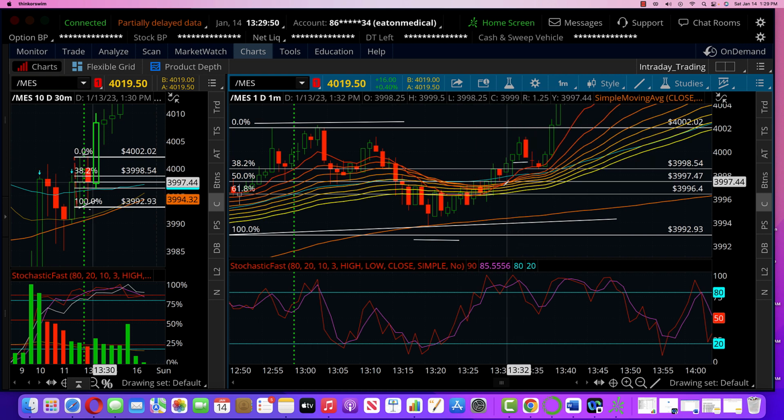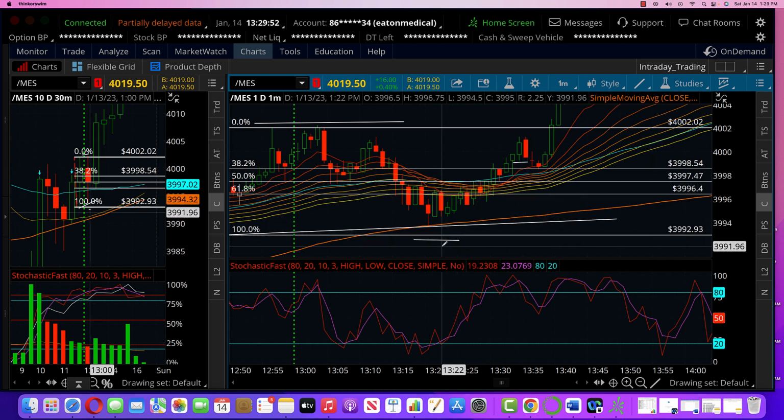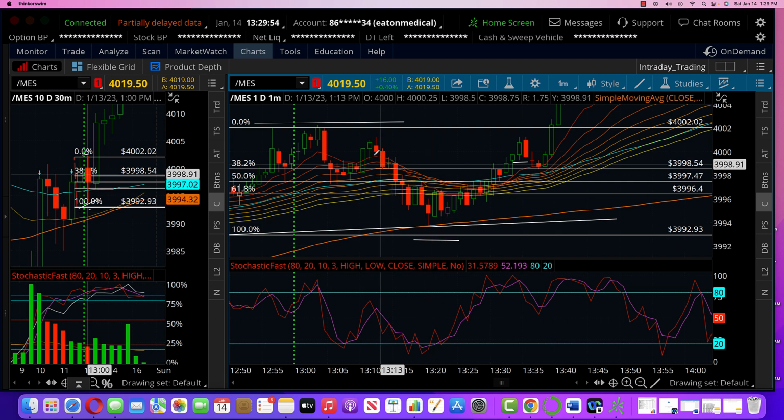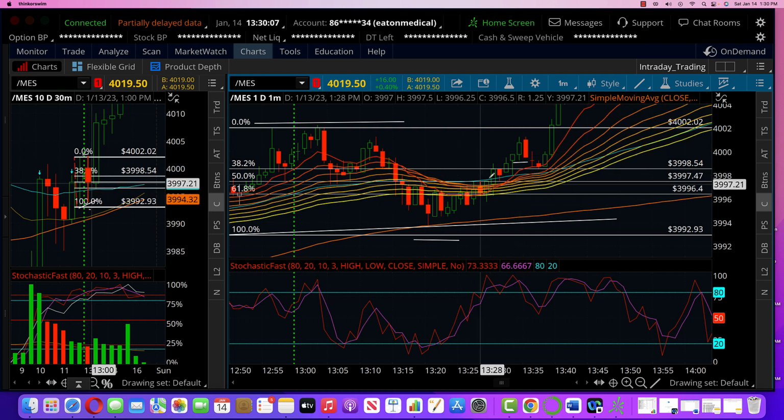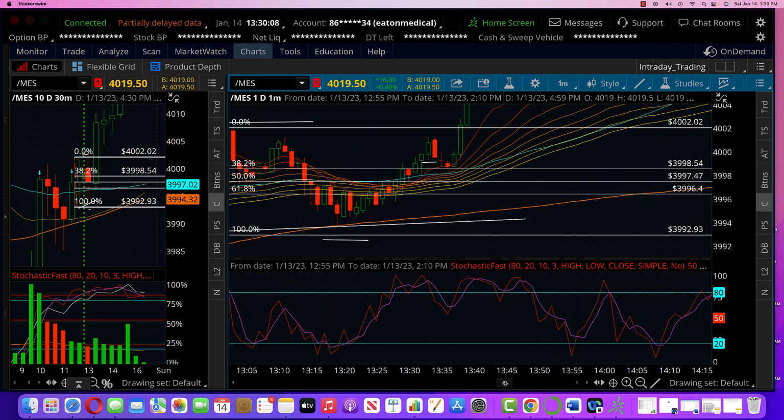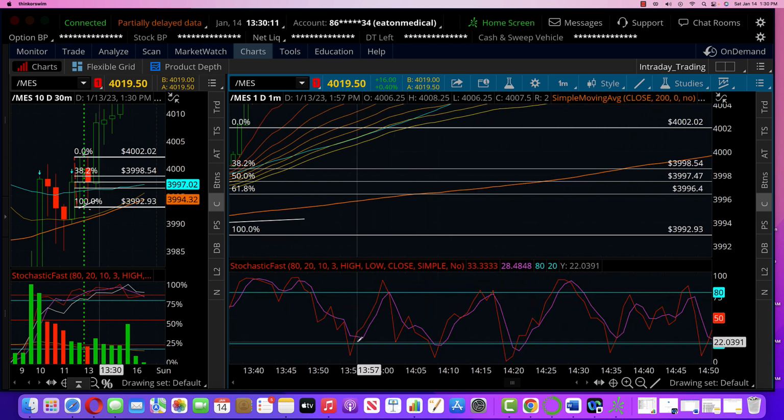Now you're moving your stop here. So you're getting in on these red candles, and you're getting out on the green. In on red, out on green. Okay, let's look at the next one. Here's the next one here at 130.